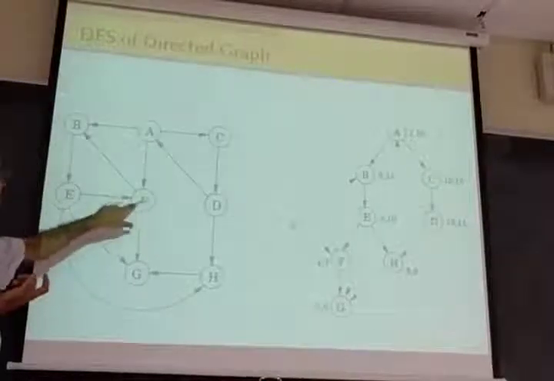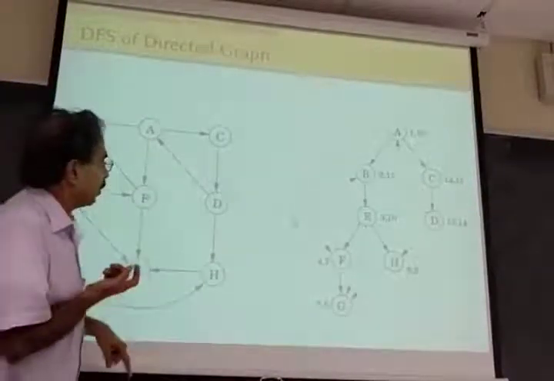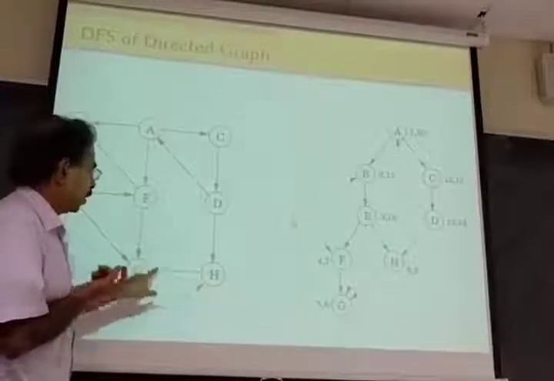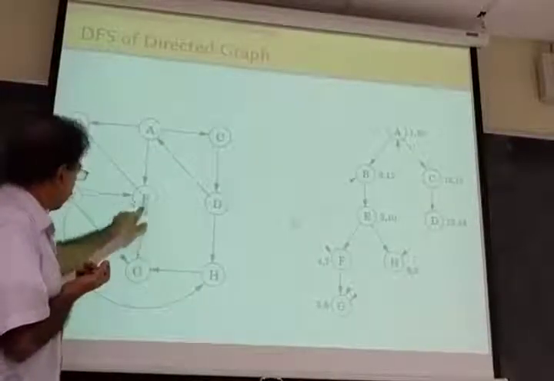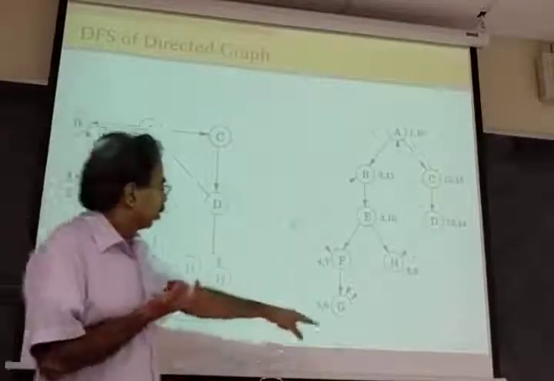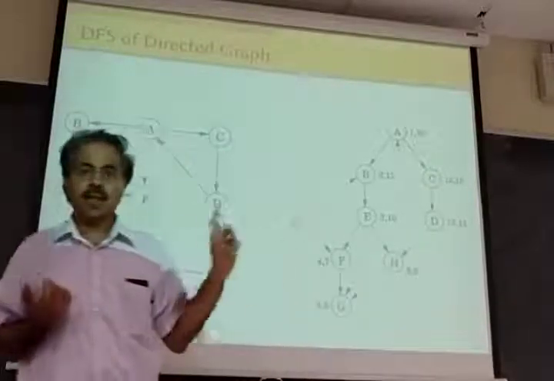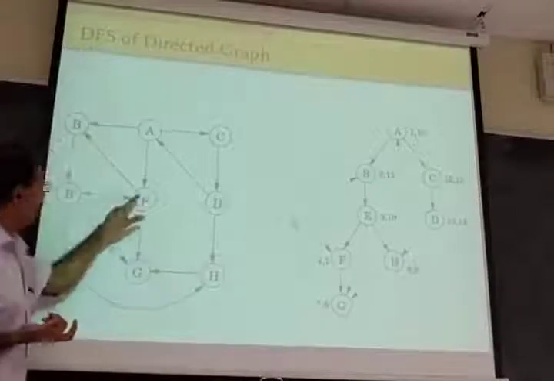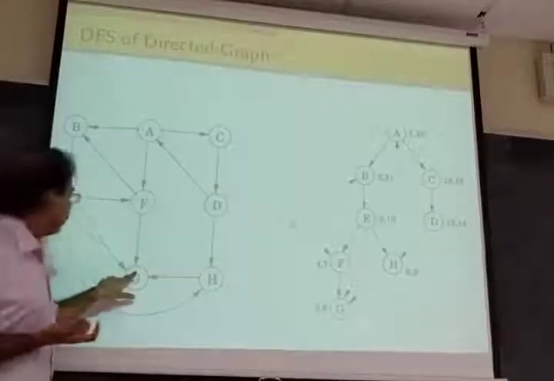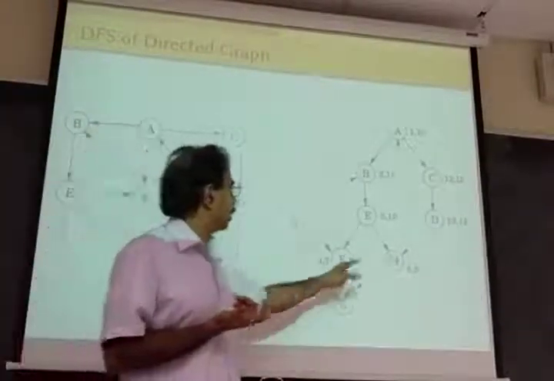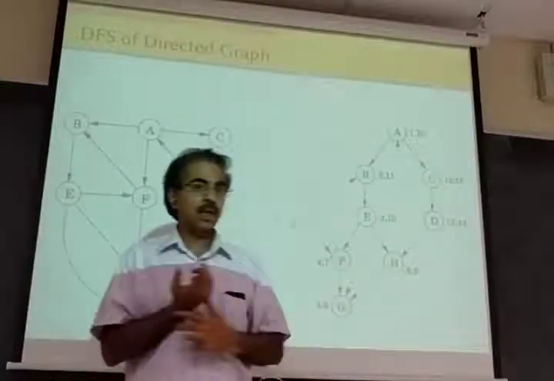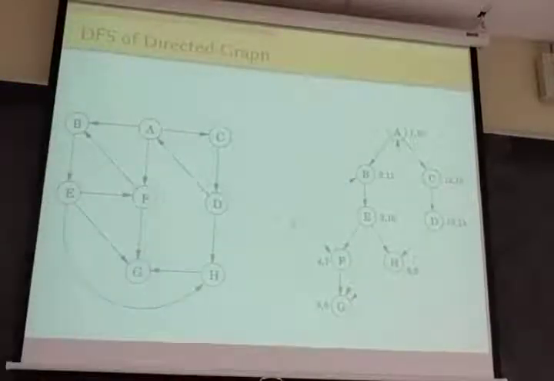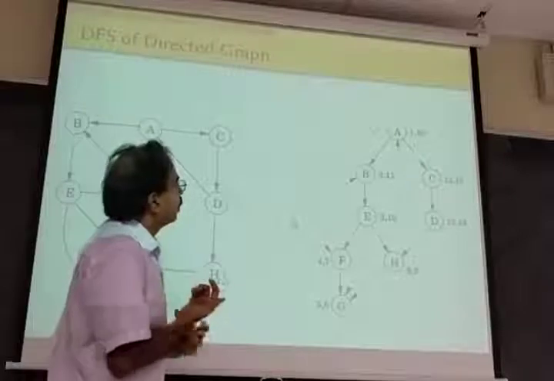You visit F, and then you visit H, right? And because from F, you would have already visited G, when you go to H, you're not going to take that path, right? So E has a tree edge to F, F has a tree edge to G, right? But H does not have a tree edge to G, because by the time you get to H, your G has already been visited, right?